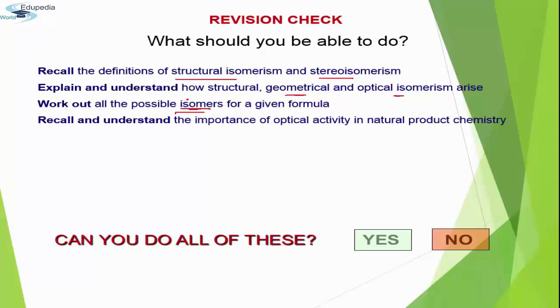If they are asking only chain isomer, then just write chain isomer. If they are asking position, or functional group, or metamerism. Okay, so be very careful what type of isomerism they are asking, whether they are asking just one or 2, 3 different types of isomerism.